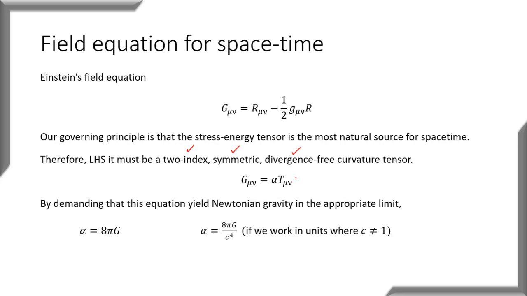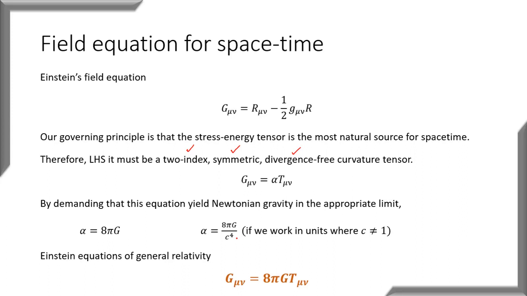When we solve for Newtonian gravity in an approximate limit, we solve this alpha as 8 pi G in a coordinate system where c is taken to be 1, or in a coordinate system where c is not taken to be 1, we can solve alpha as 8 pi G divided by c to the power 4.